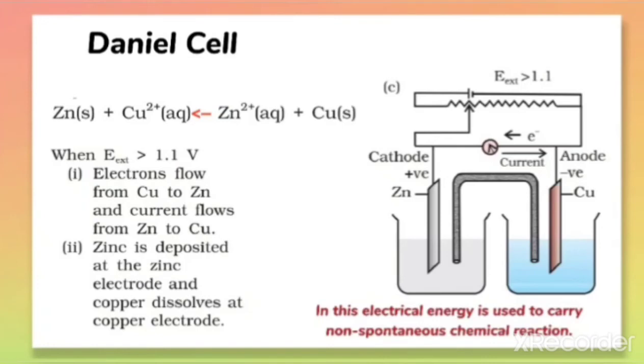Previously, when no external potential was applied, the cell was an electrochemical cell. But when the external potential, that is the opposite voltage, reaches a value greater than 1.1 volt, it behaves like an electrolytic cell.